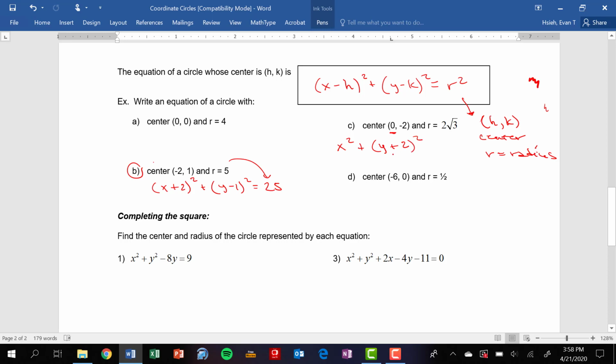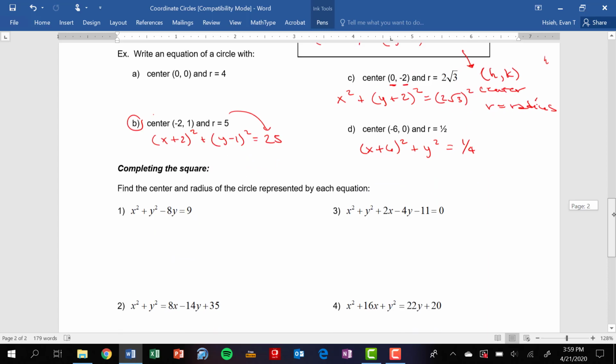Notice what's inside there is going to be the opposite of whatever this value is, equals (2√3)². Which ends up being what, 12? And the last one here is just going to be (x + 6)² + y minus 0, or just y², equals 1/4, or (1/2)².